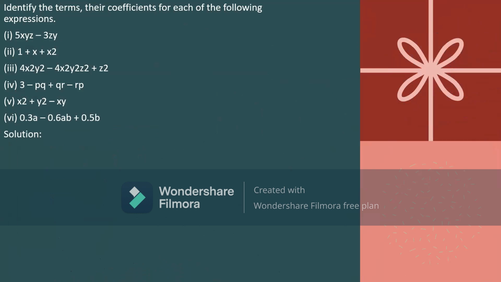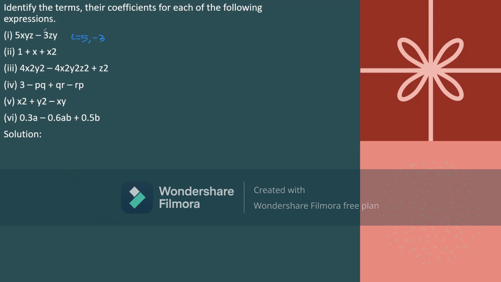Identify the terms and their coefficients for each of the following. So for the coefficients, I'm going to keep C. C is 5, comma, minus 3.